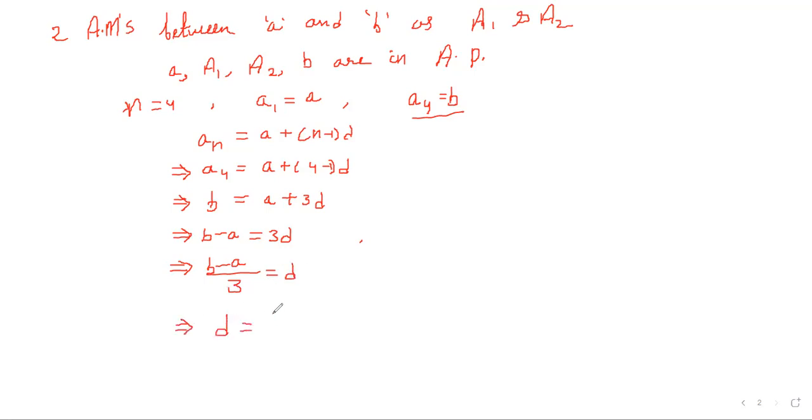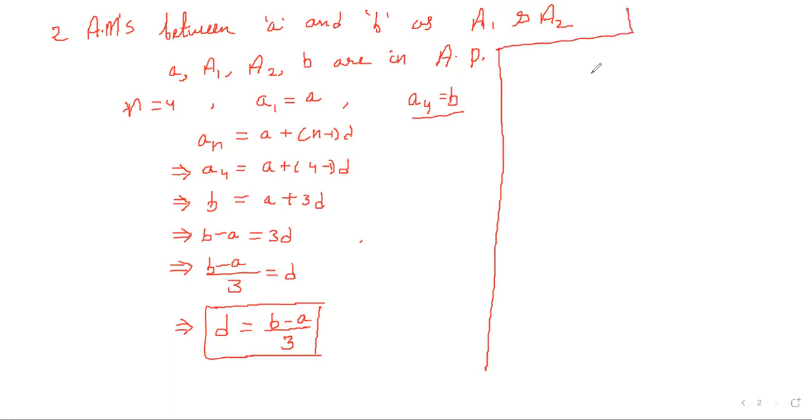So the common difference of this AP is (b minus a) upon 3. Similarly, if we find A1, we know that A1 is the second term. So it will be obtained if we add common difference d to the first term a.